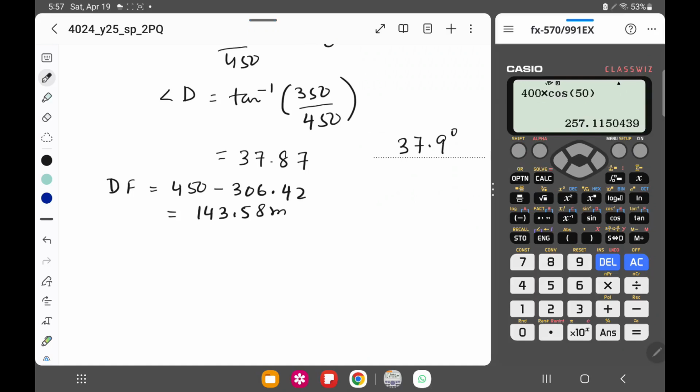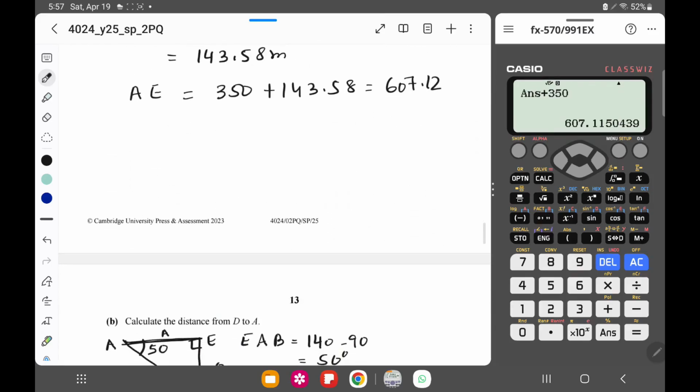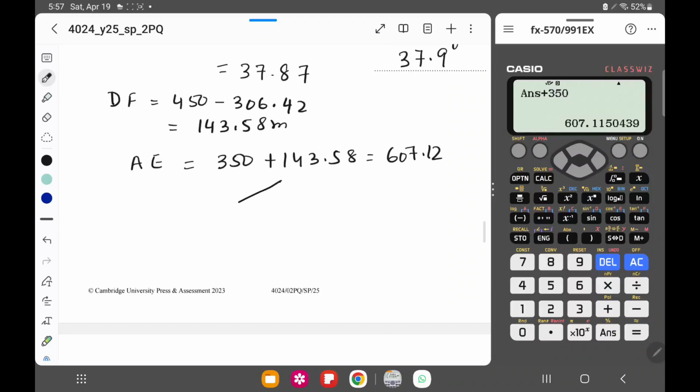So answer plus 350, that is equal to 607.12. So we are getting the whole line. AF equals 350 plus 143.58 is 607.12. So just check the diagram again to find the AD side.